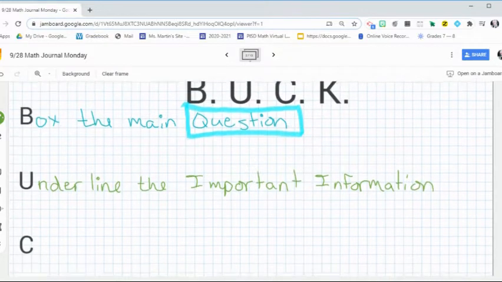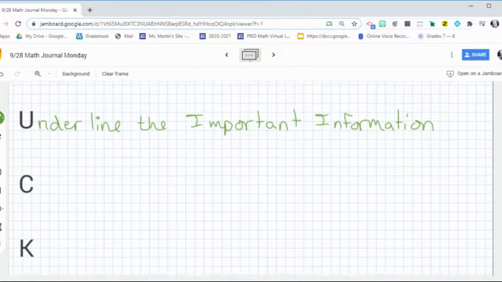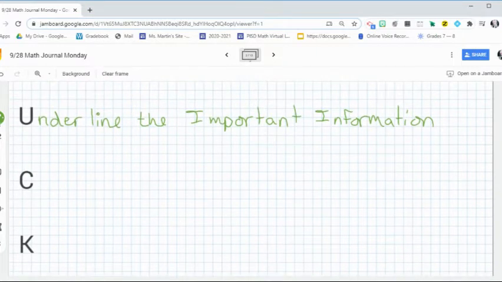Don't forget, if you need to, you can always pause me and go as slow as you need to. Never hesitate to pause. So we're going to underline important information.